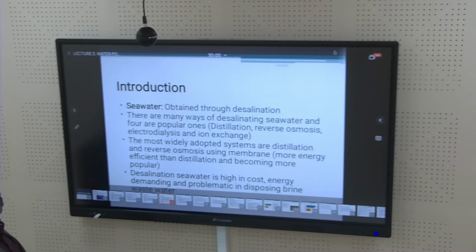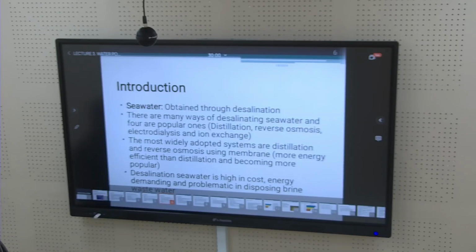Seawater obtained through desalination. There are many ways to desalinate seawater, and 4 are popular: distillation, reverse osmosis, electrolysis, and ion exchange.